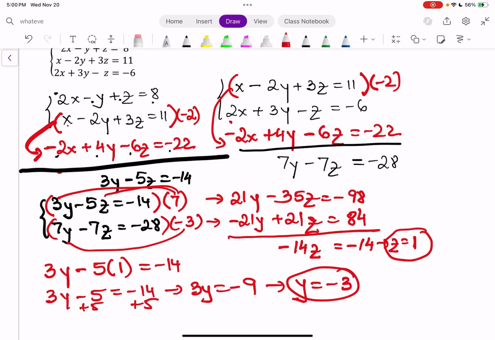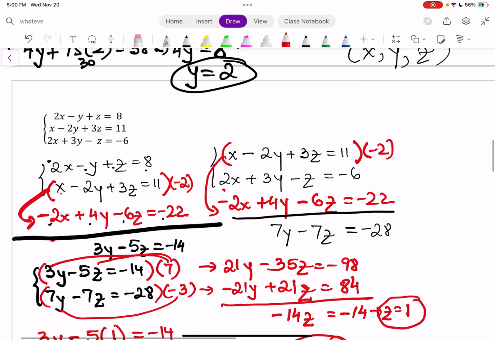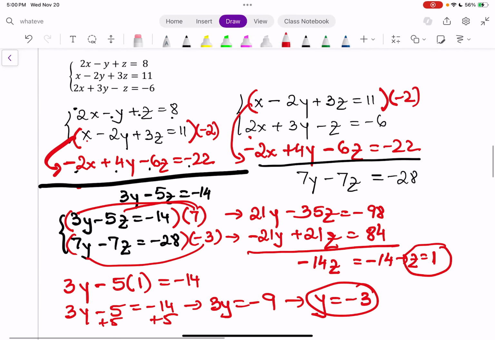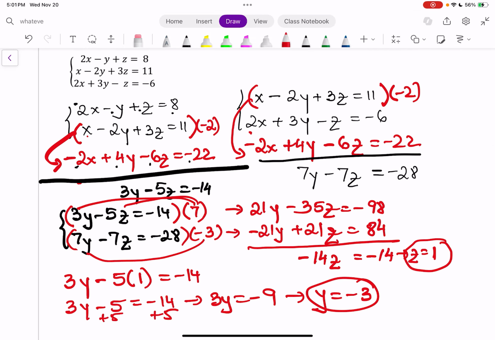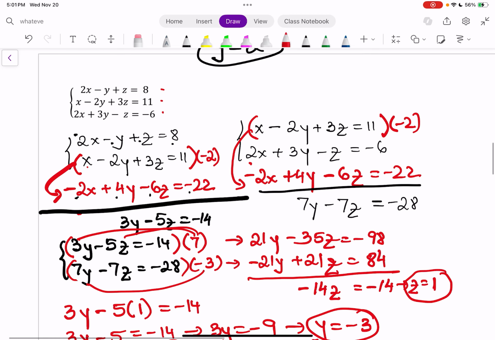So I got z, I got y. Now I have to go all the way back somewhere to get the x. Pick either one of these equations you wish to get the x. I'll pick the second one. That says x minus 2 times y, which is negative 3 we found, plus 3 times z, which is 1 we found, equals 8.